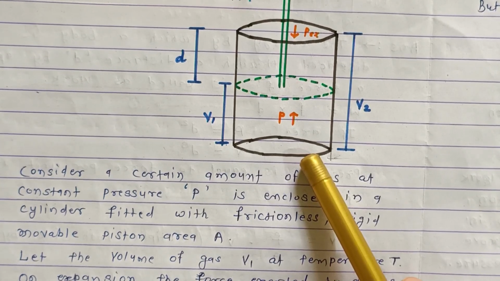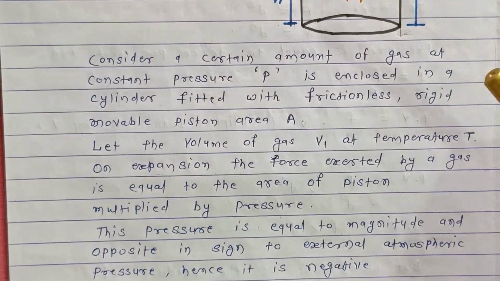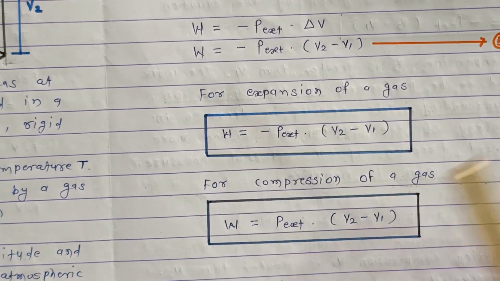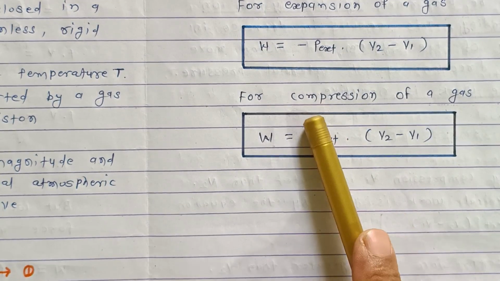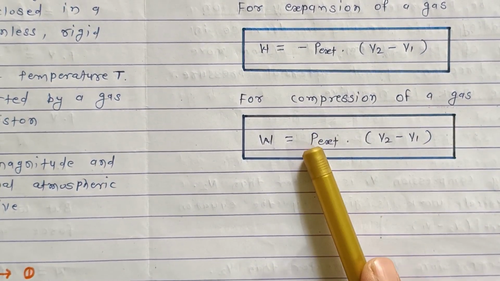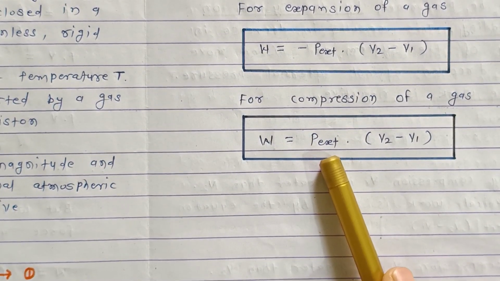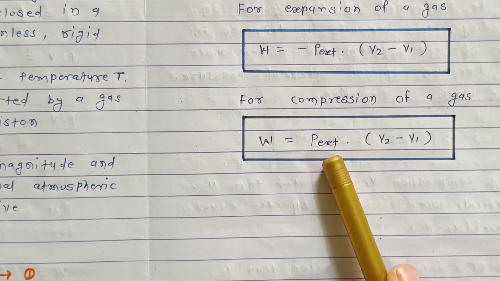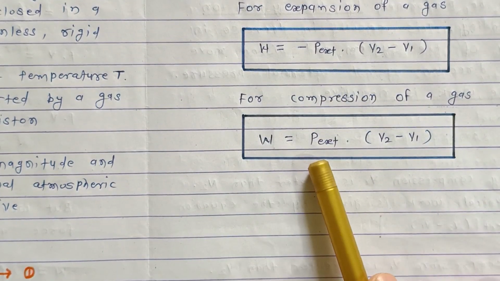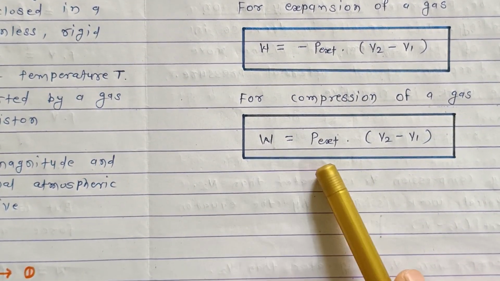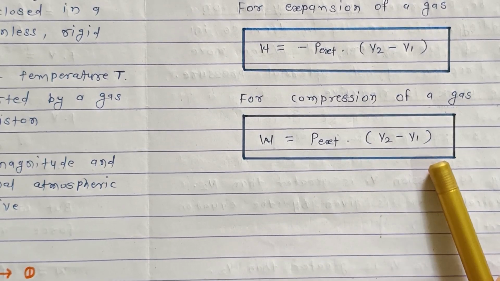Here we have taken minus P external, but now this minus P external is replaced by P external because for compression there is an opposite phenomenon. It is a positive phenomenon. That's why minus P external is replaced by P external. So W is equal to P external into V2 minus V1.